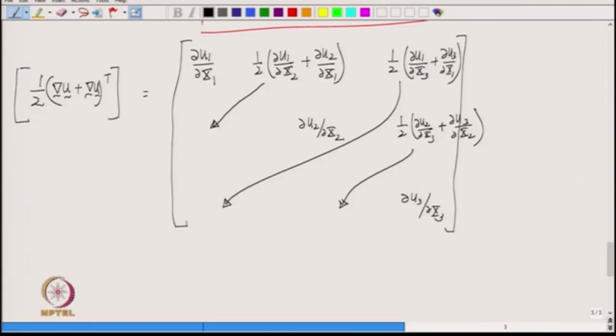And you see it is symmetric because it is half of grad u plus grad u transpose.